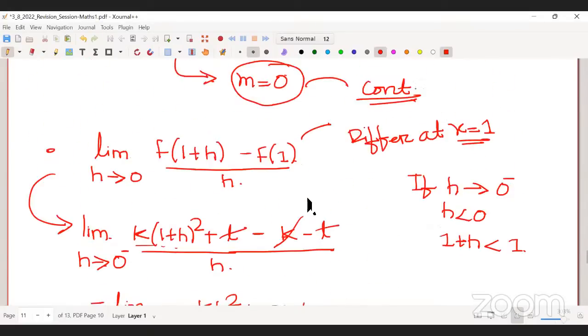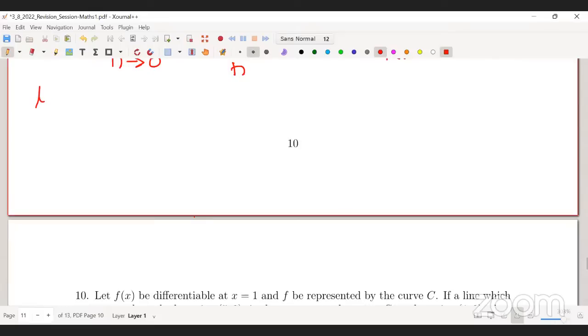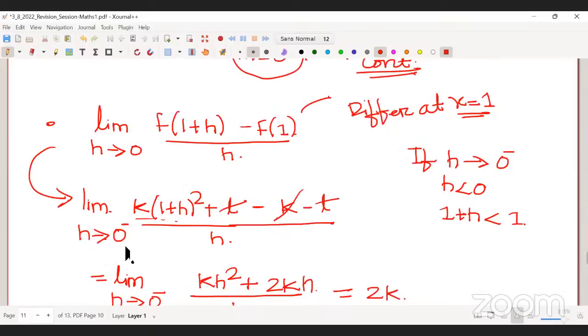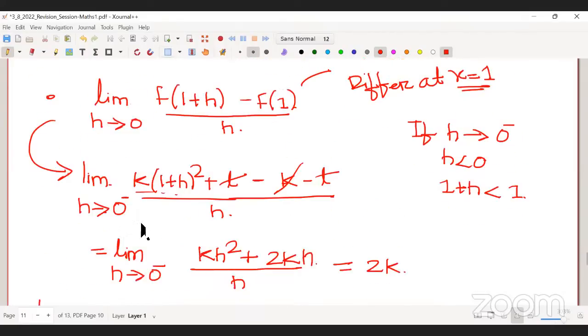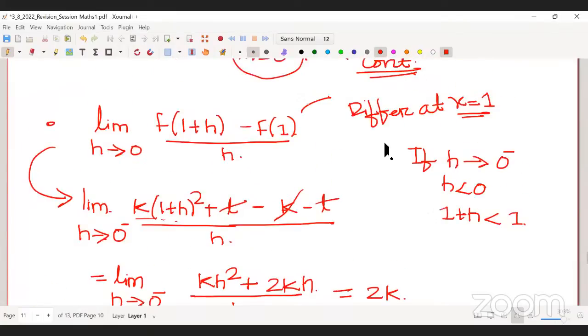And what about the right hand limit here? Sir, for the left hand limit we take minus h, no? h tends to 0 minus. Because I want this limit to exist, right?